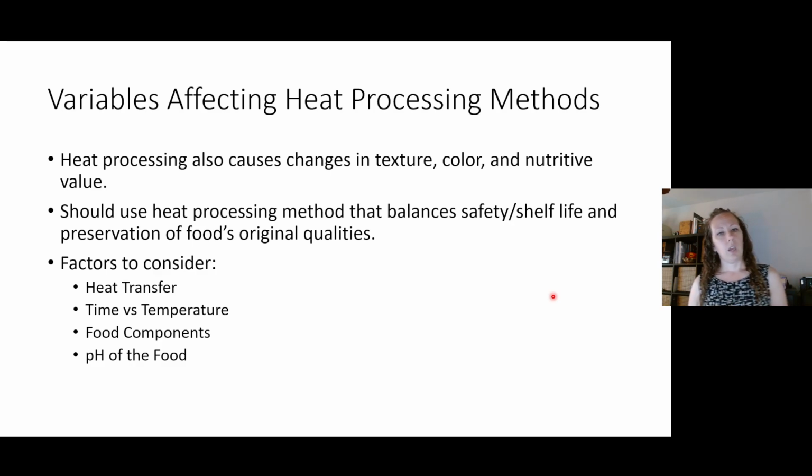Okay, and so we should use the heat processing method that balances the best that we can, that safety and shelf life, how long that food will last, as well as the preservation of those original qualities of the food. And so our 4 factors to consider that we're going to go through in more depth are heat transfer, time versus temperature, food components, and the pH of the food.